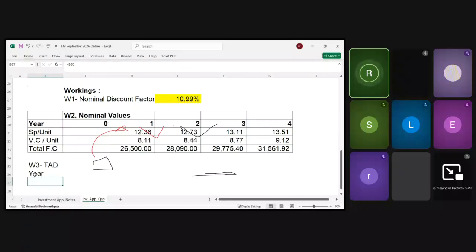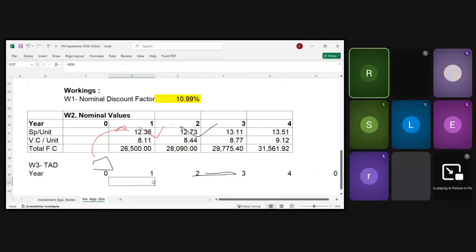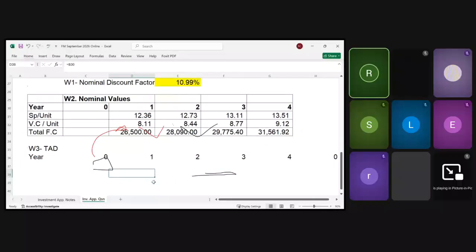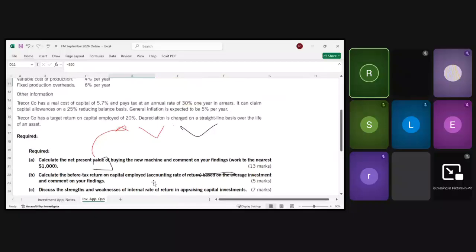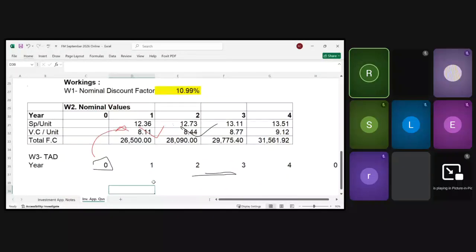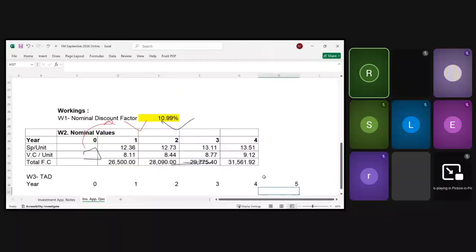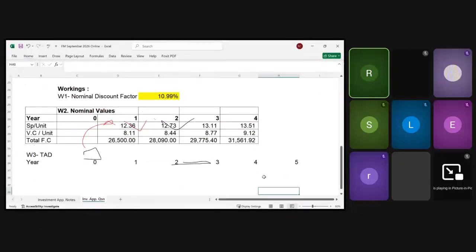We also need to check when tax is payable. That is very important. Our tax is payable in arrears, 30% 1 year in arrears. So if tax is in arrears, our presentation, including when we do our NPV, has to use 5 years to cater for the taxes.